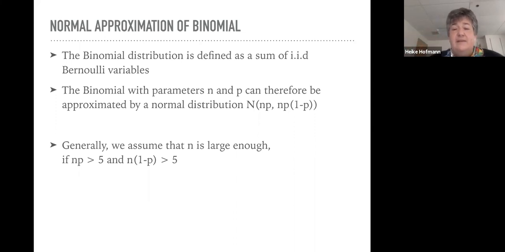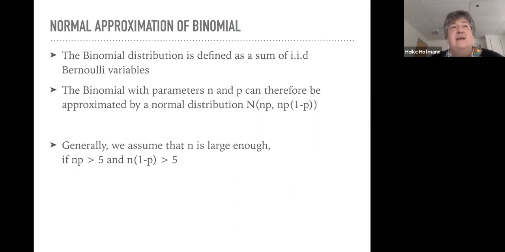Generally, we say that this normal approximation holds if the distribution is relatively symmetric and has relatively enough trials in it.